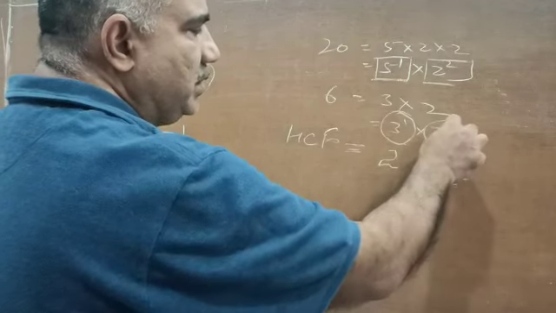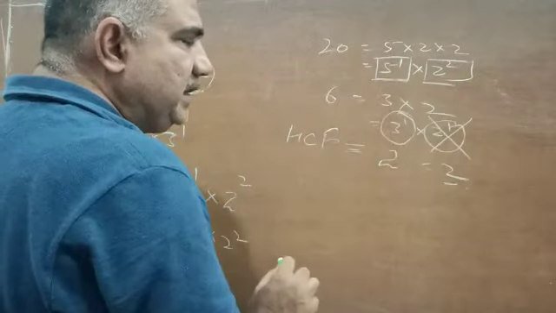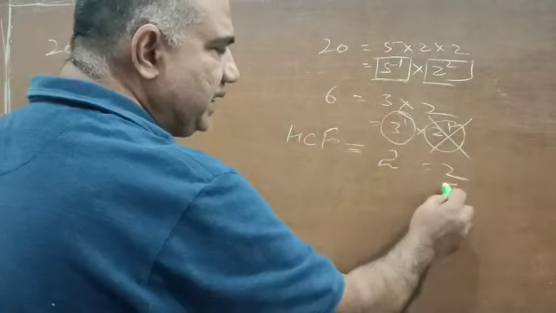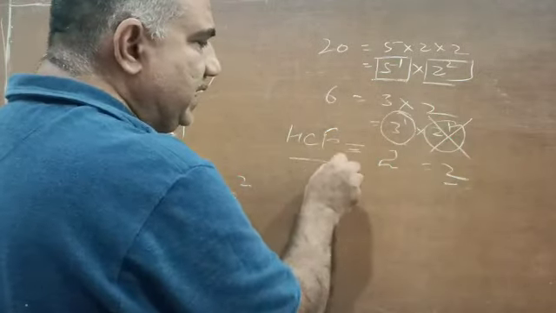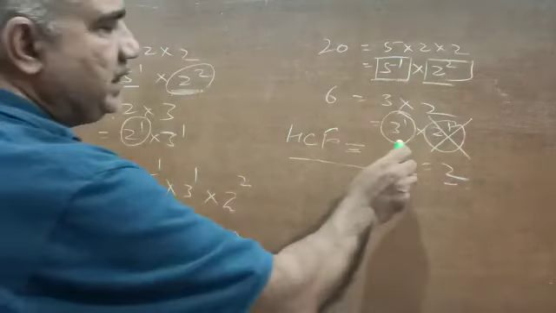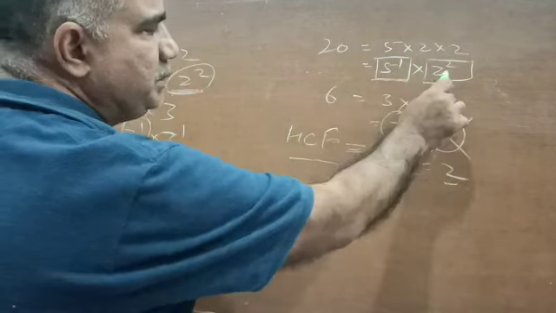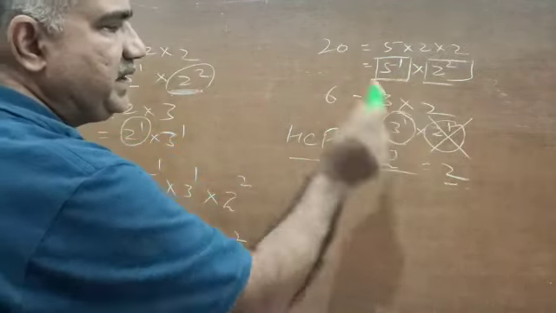So this is gone. When you find out LCM for 20 and 6, you have taken one factor separately, and that you have taken as HCF. Now when you come to LCM, 20's factors 5 raised to power 1 and 2 raised to power 2 were left, and for 6 the factor 3 was left.